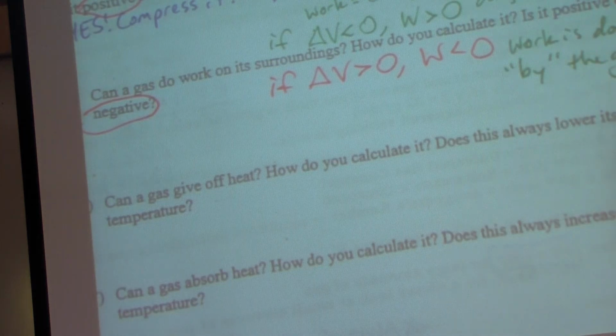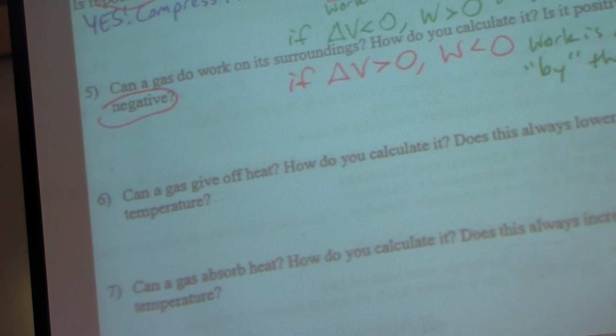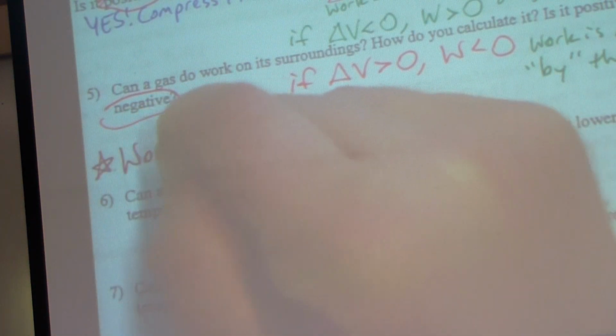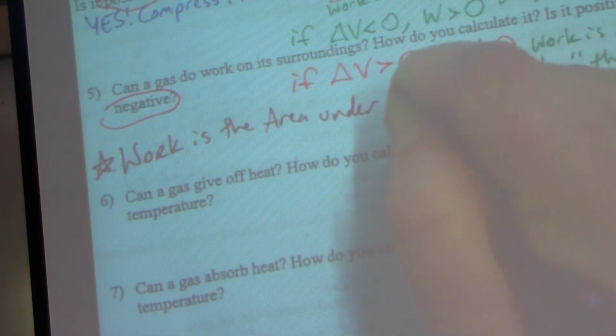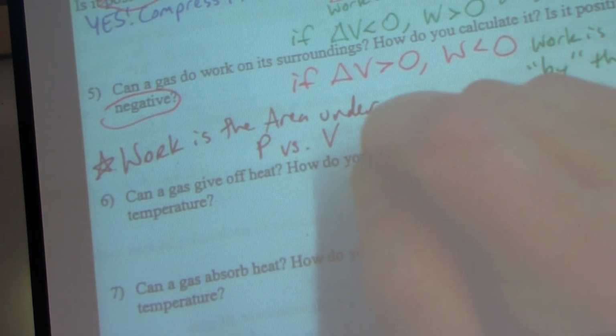One other thing that you can do when you look at this equation: work is the area under a P versus V curve.